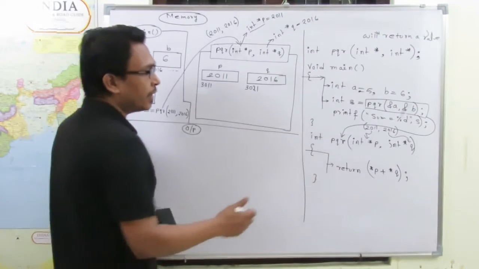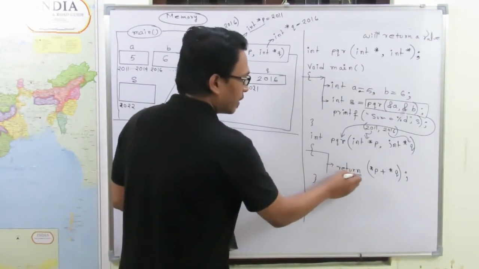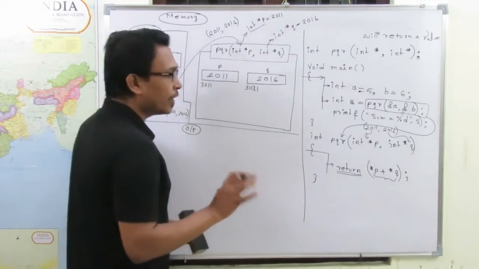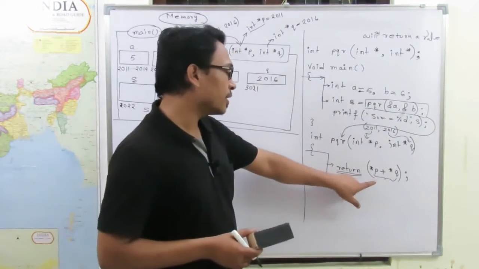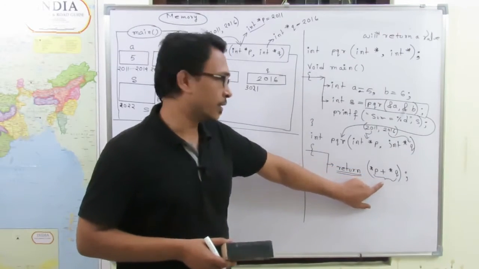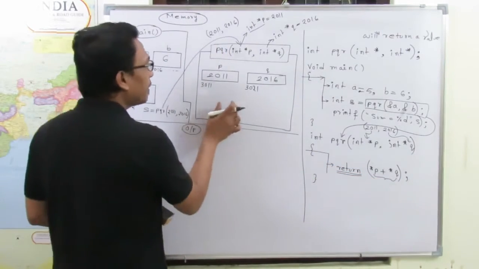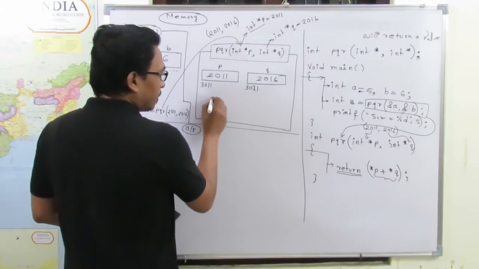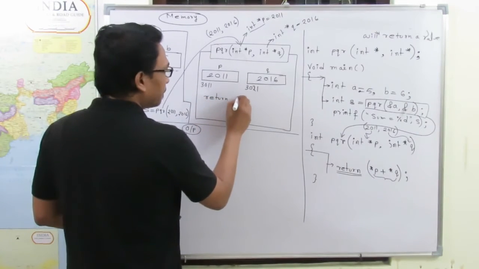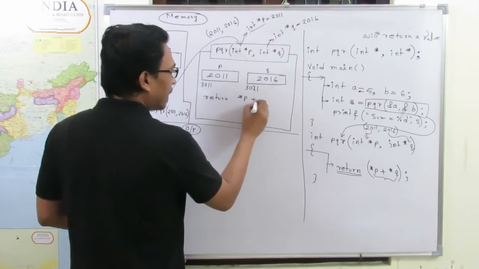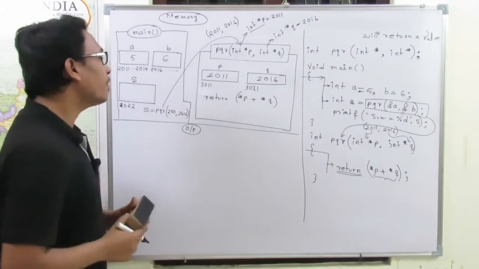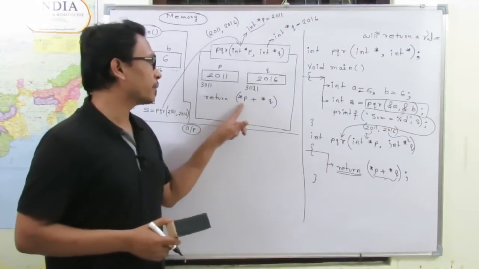That means it is a return statement, but it will return a value that the system gets after evaluation of this particular expression. So now in the pqr function, the statement becomes return *p + *q. Now what happened? The system first evaluates this particular expression.